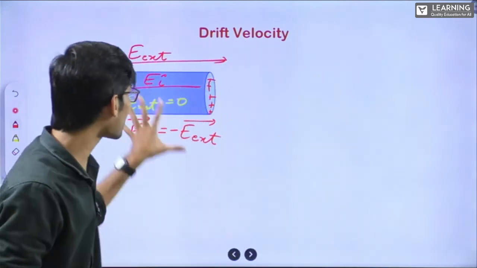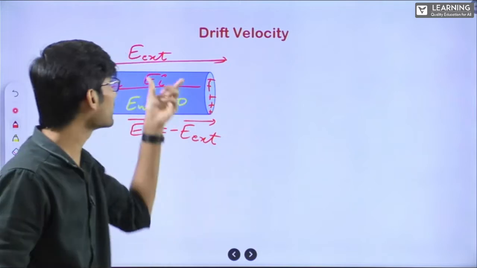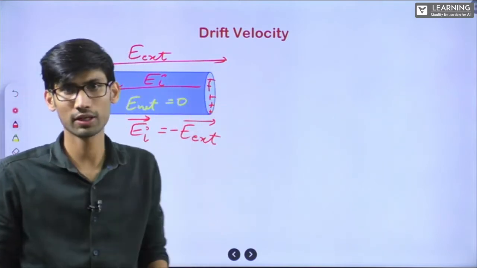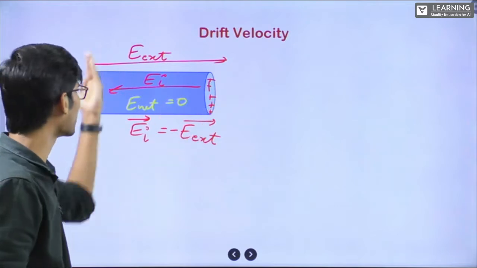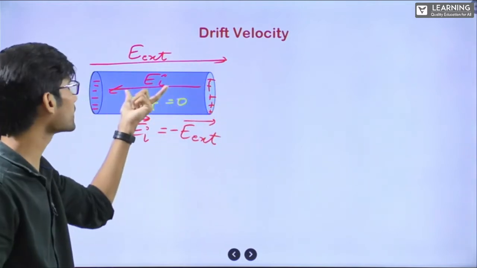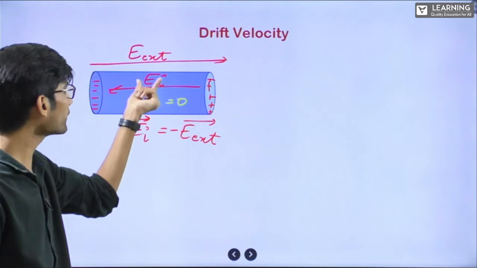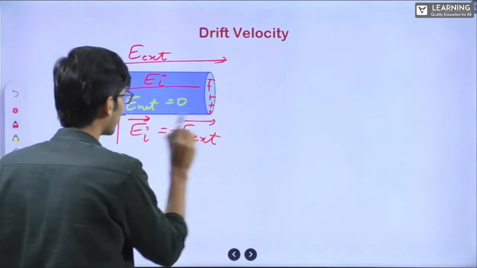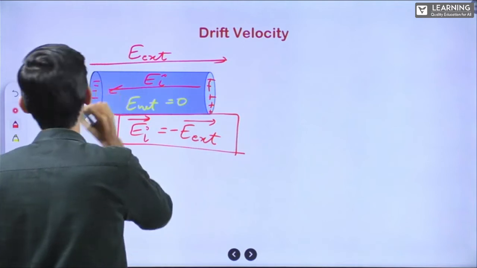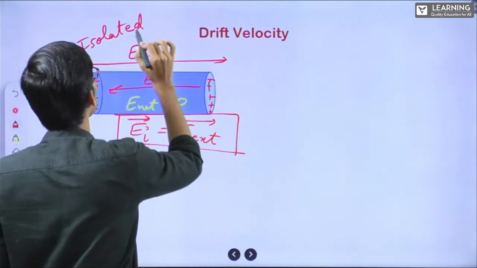See, a conductor has a lot of charge, an ocean of charge. If the external electric field is small, then less charge will accumulate at the ends, so the induced electric field will also be small. If it is an isolated conductor, this will always be true.